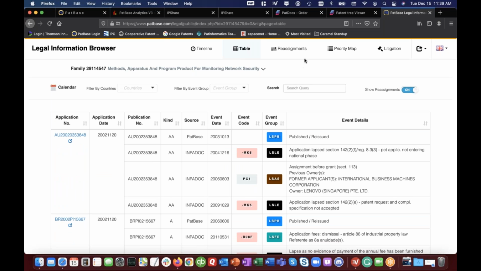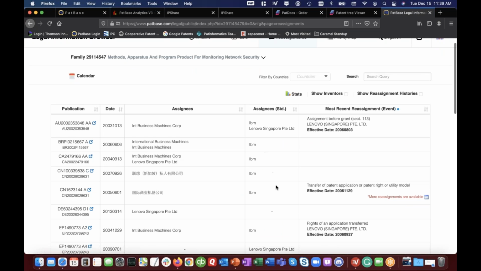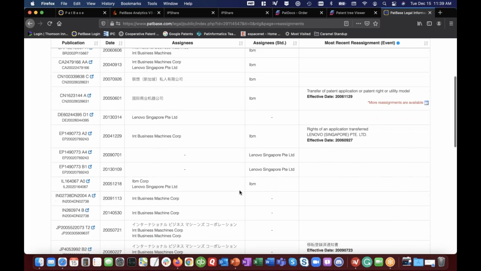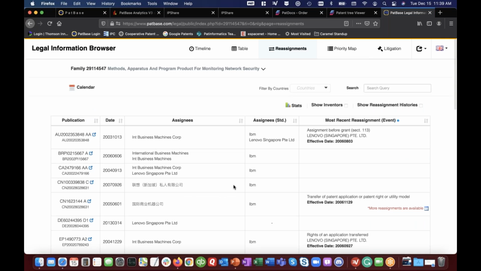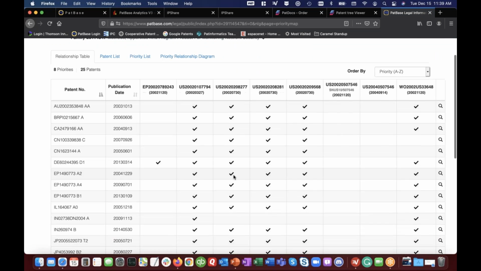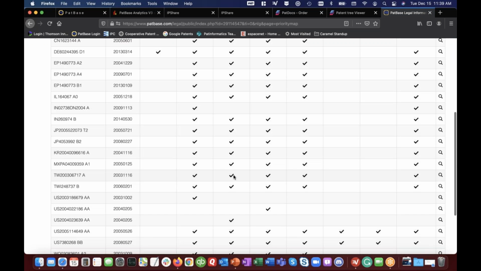I can look at the reassignments, and if any of these have been reassignments involving Lenovo, for instance, and IBM, which kind of brought it up in the first place. So all sorts of really interesting things are happening here. And then this priority map. So there's a lot of interesting information available here as well.